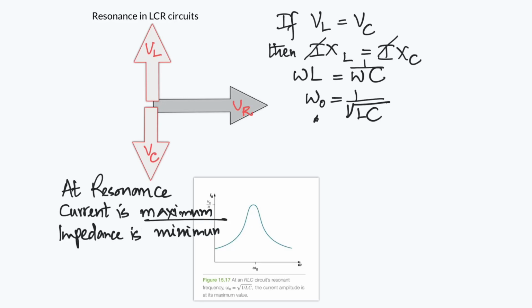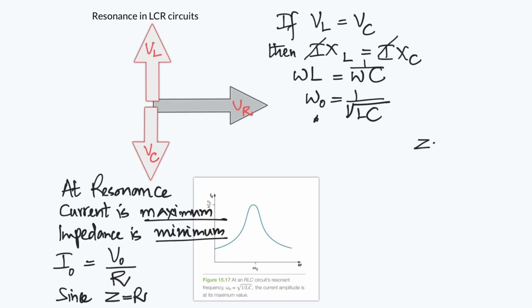And actually the impedance would just be equal to the resistance, because these two cancelled out. And the maximum current is given by the maximum voltage divided by the resistance. That's an important point. Again, at resonance, the impedance is simply resistance, because the reactances cancel out.